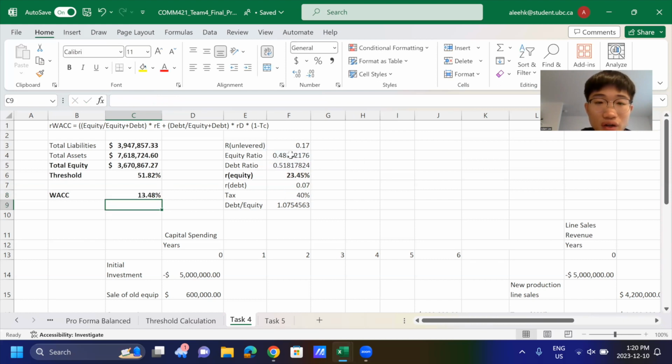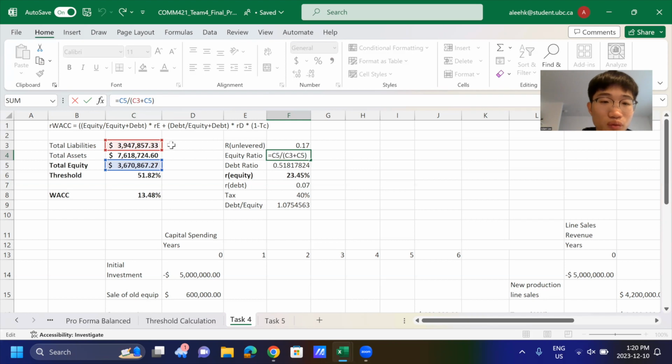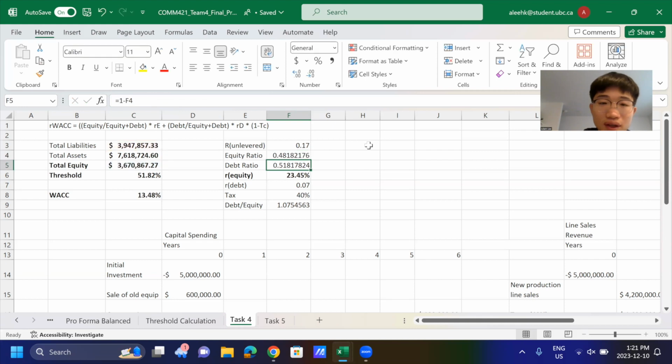And that is acquired through a formula like that. So equity over total assets would be the equity ratio, and that would be the same for debt ratio. Or you could use 1 minus the equity ratio to acquire the debt ratio. So that's sort of everything we did to acquire the WACC.